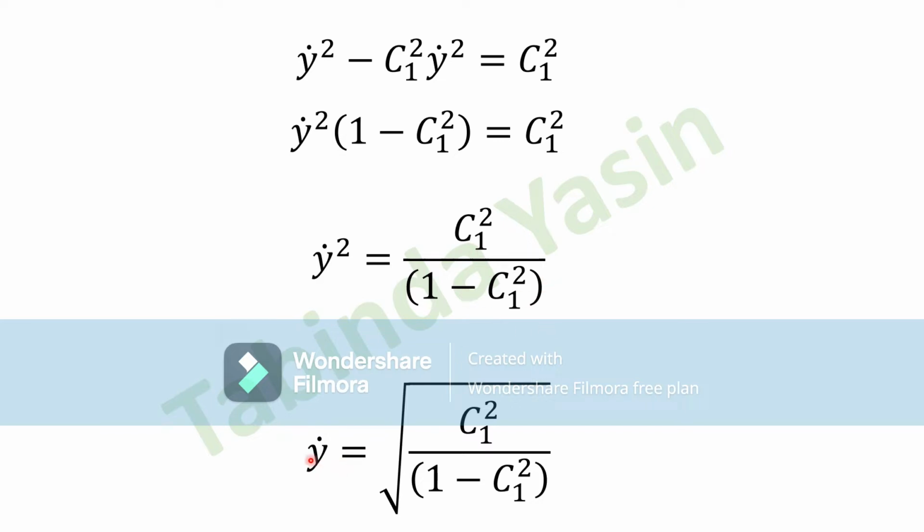square. To remove that square, we'll take the under root on both sides, so the square will be cancelled, and y dot is equal to under root of C1 square divided by 1 minus C1 square.